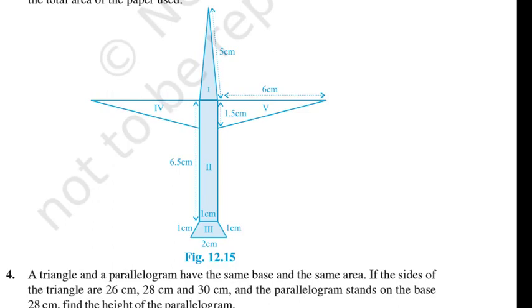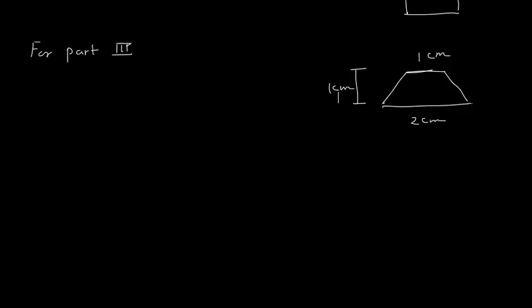So here our area will be, for trapezium, the formula for area is 1 by 2 into sum of parallel side into height between them. So area of part 3 is equals to 1 upon 2 into sum of parallel side, that is (1 plus 2), into distance between them is 1. So this is (2 plus 1) is 3 divided by 2. So this is area of part 3.